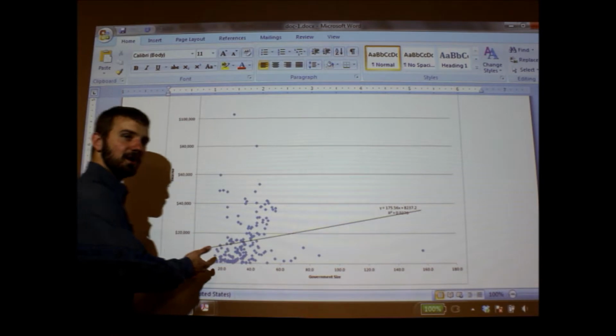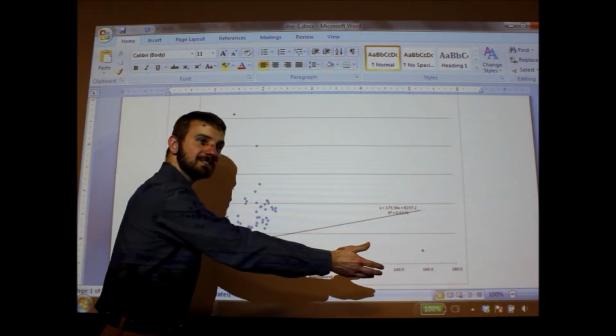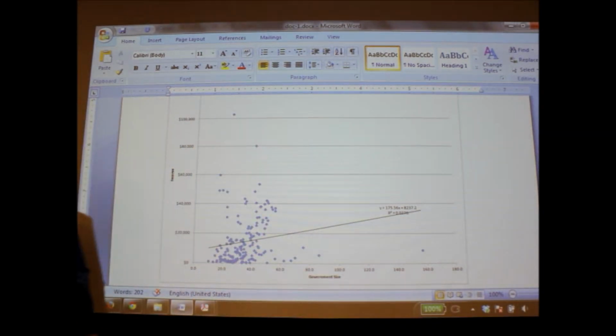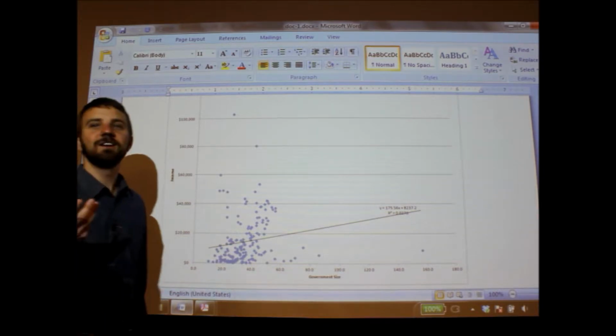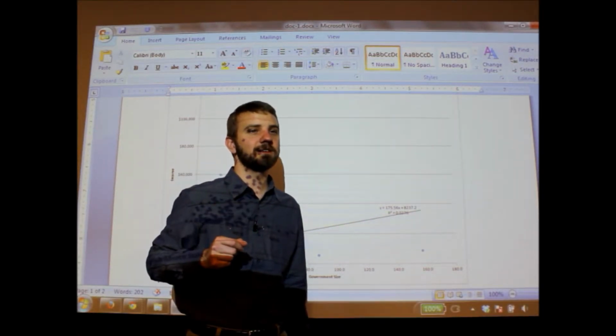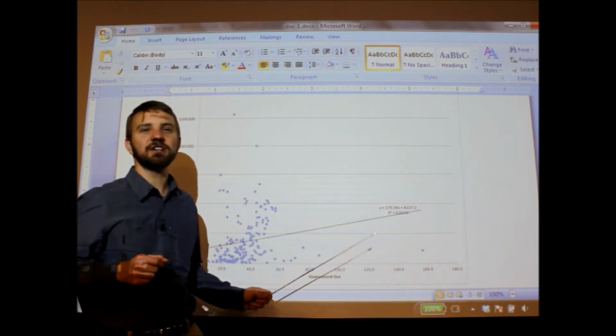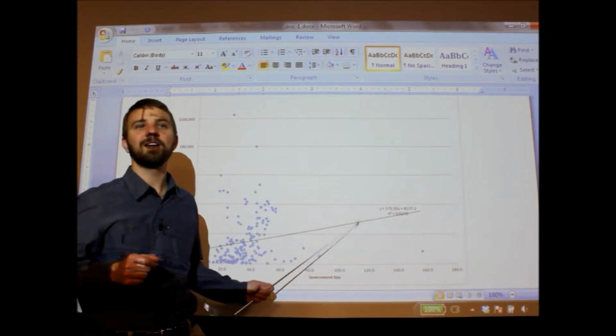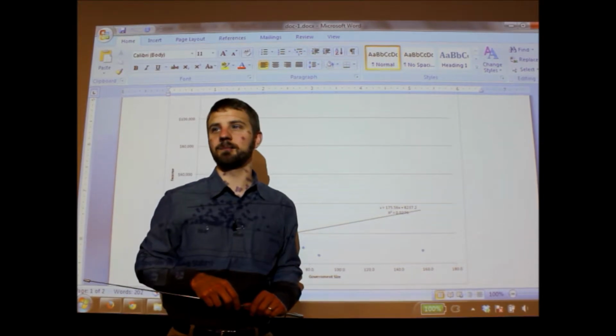Countries that have bigger governments are richer. So these are two contradictory pieces of evidence. In fact, this would cause us to reject our hypothesis that free markets produce higher income.